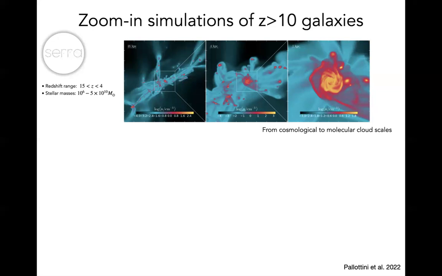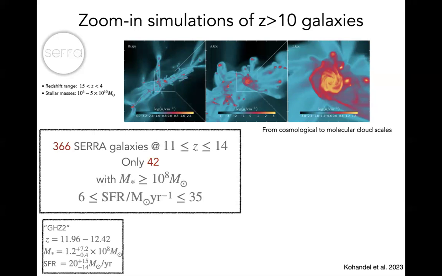Our question was, if we look in these simulations at the galaxies around redshift 11 up to 14, which is similar to the guy, for instance, in GHZ2, how many galaxies do we find and what are their properties?